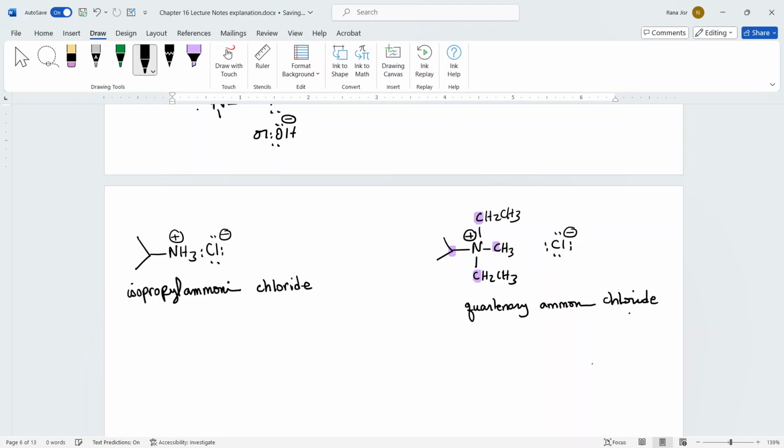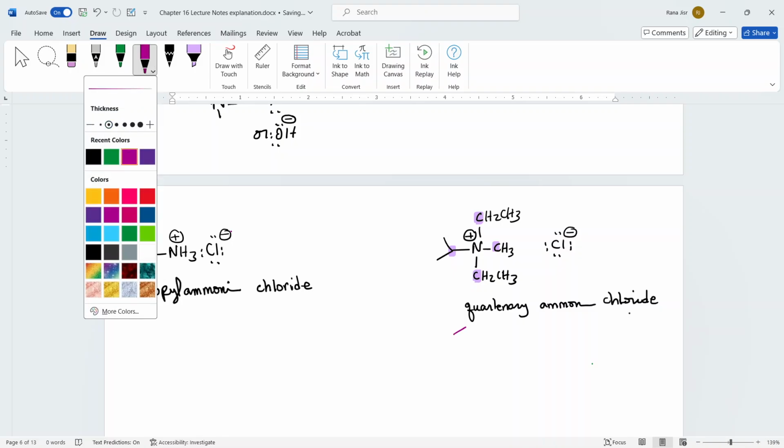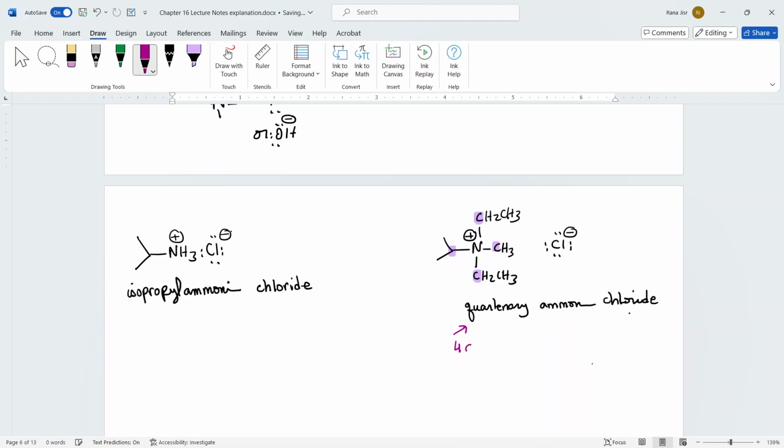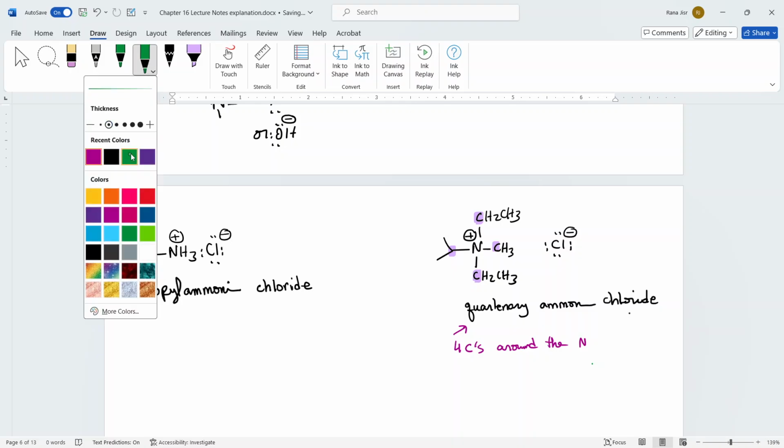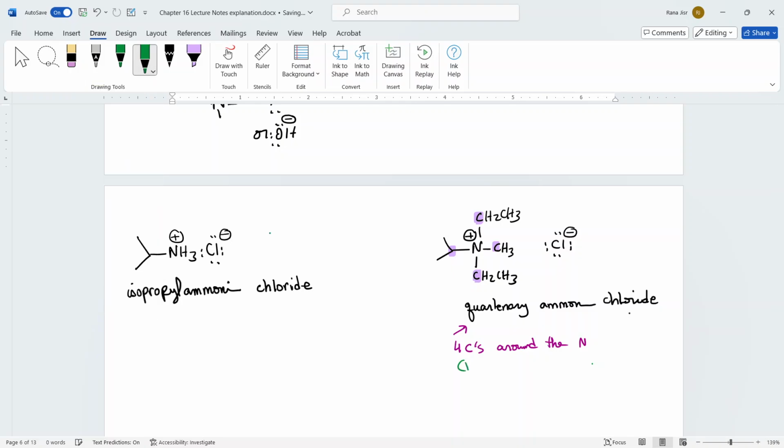Okay, you do have over here 4 carbons around the nitrogen, and because you have 4 carbons around the nitrogen, you have no hydrogen attached to the nitrogen.